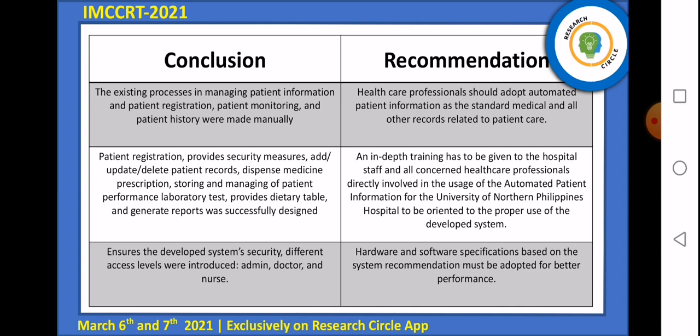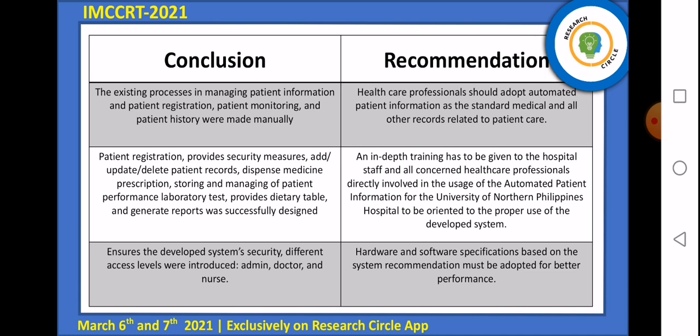Patient registration provides security measures: add, update, delete patient records, dispense medicine, prescription, storing and managing of patient performance, laboratory tests, provides dietary table and generate reports was successfully designed. And lastly, ensures the developed system security. Different access levels were introduced: the admin, the doctor, and nurse.